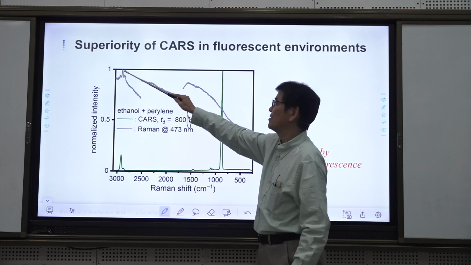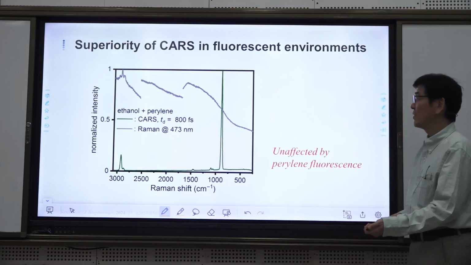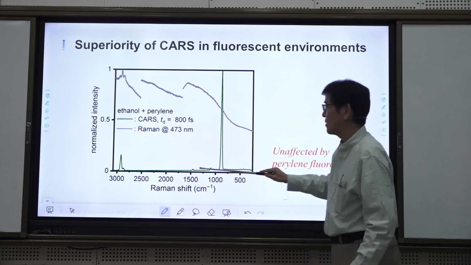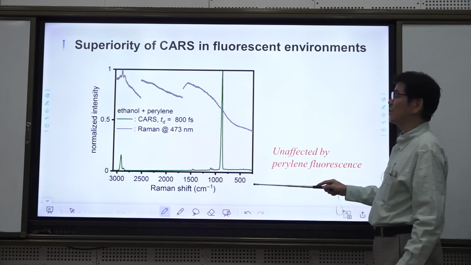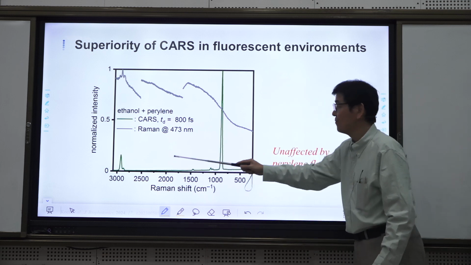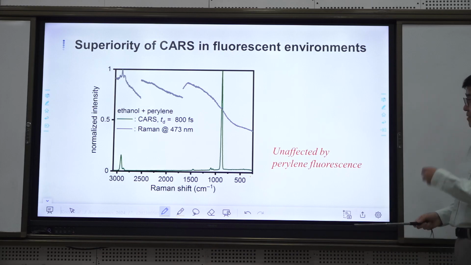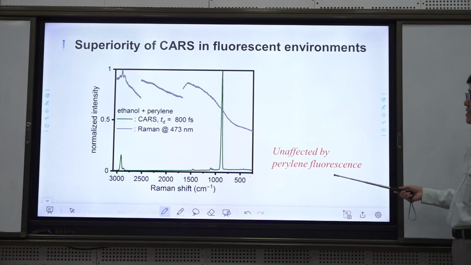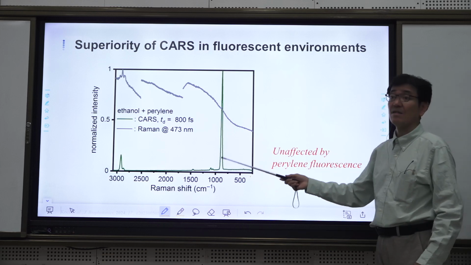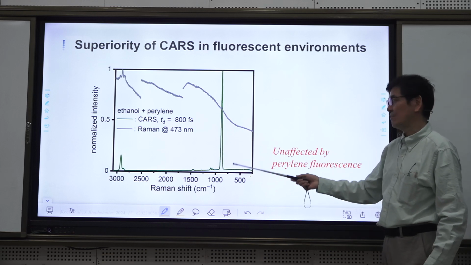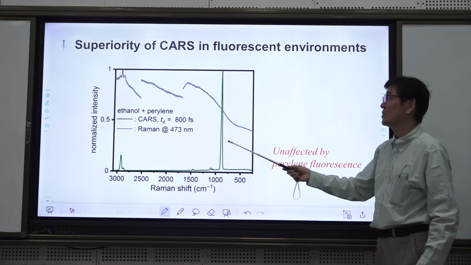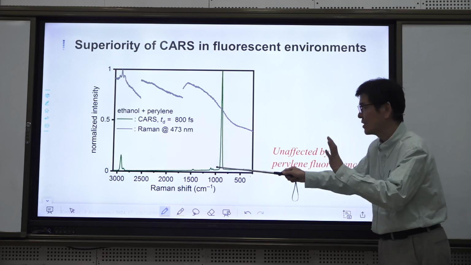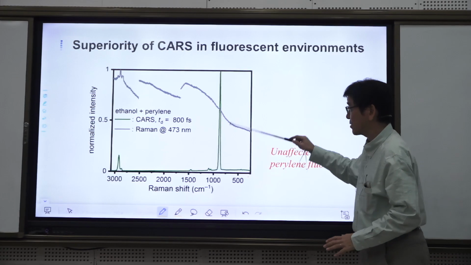It looks like a peak, but that's all. Using CARS, we get a green spectrum, and it's very clear, fluorescence-free. So the CARS signal is not affected by the pyridine fluorescence, and in such a case, this is a very good method to record the Raman spectrum, to record the vibrational spectrum.